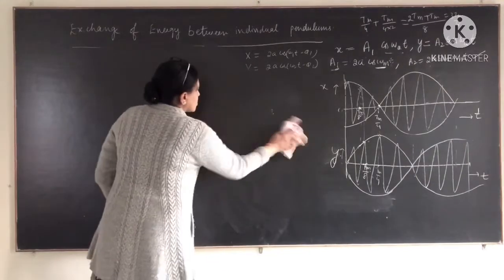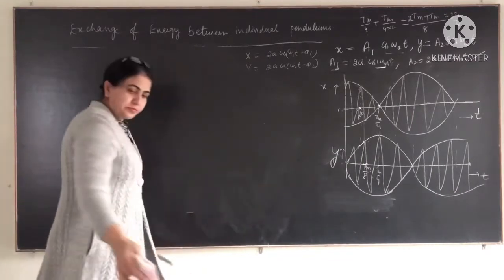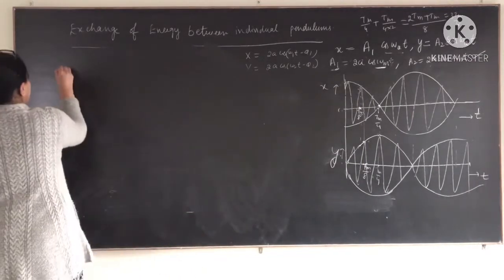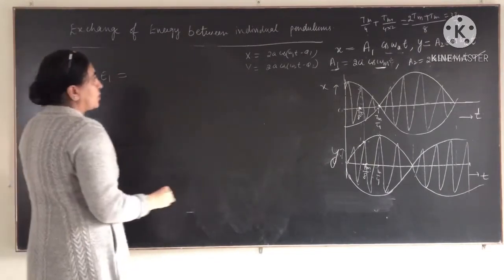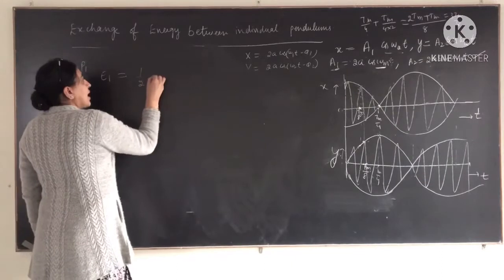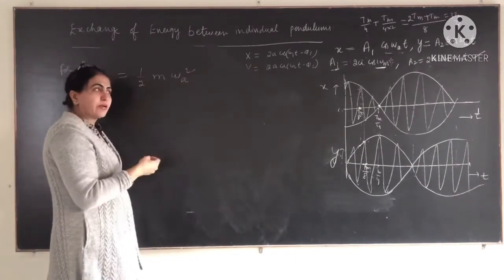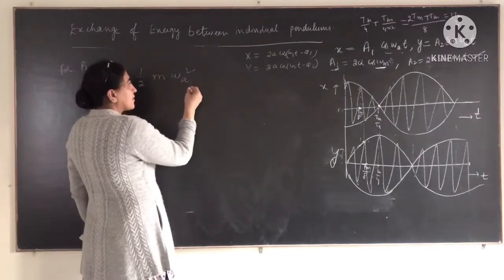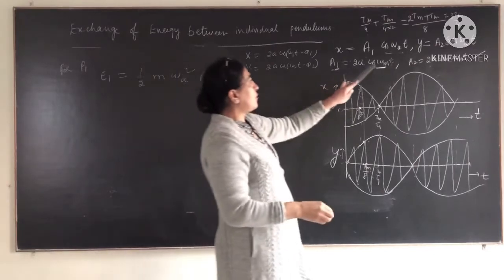We can also show it mathematically like this. For pendulum P1, energy E1 is equal to, we know that energy is equal to half m omega square A square, because pendulums are oscillating with this frequency, into amplitude A1 square, and put the value of A1.